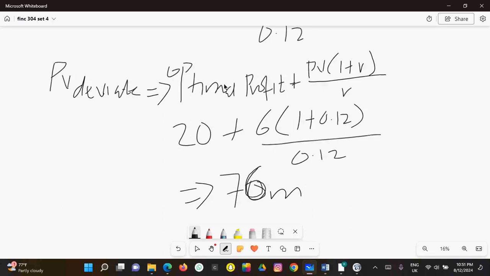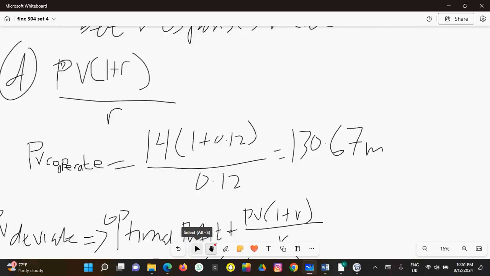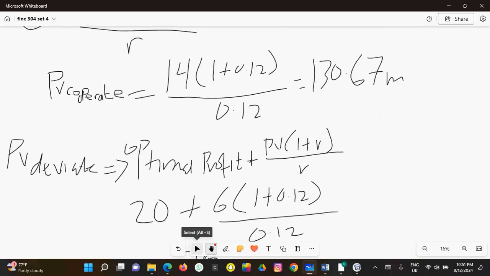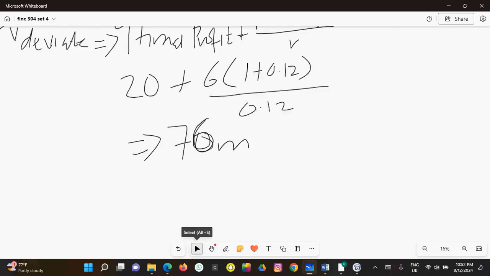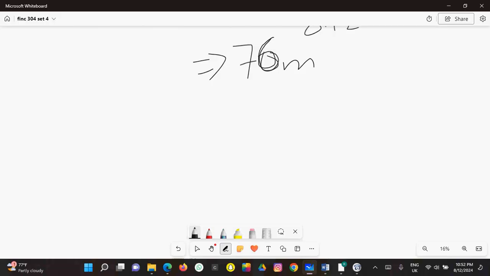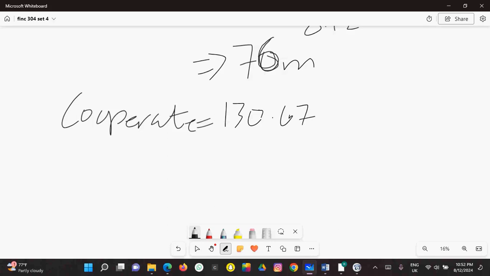So now what we are going to do is compare the profit of when they cooperate and the profit of when one cheats. Looking at here, cooperate is equal to 130.67, and then cheat is equal to 76.